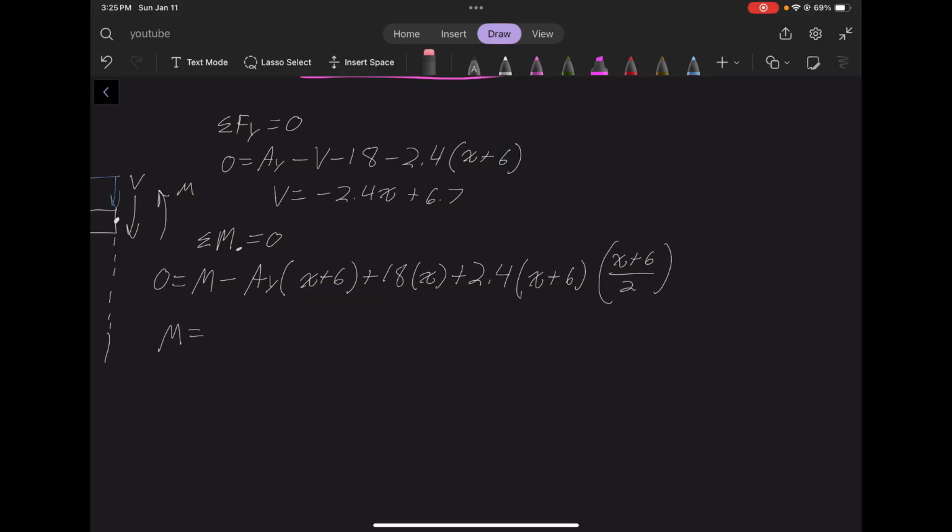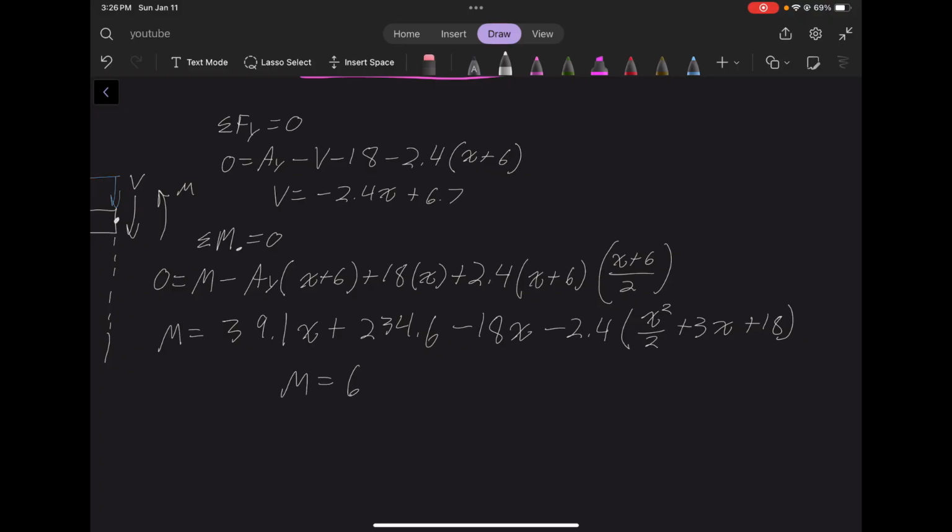I did some foiling here, and I got m equals 39.1x plus 234.6 minus 18x minus 2.4 times x squared over 2 plus 3x plus 18. And then you just go ahead and mess with that, and you can solve for m. It equals 6.7x minus 1.2x squared plus 191.4.